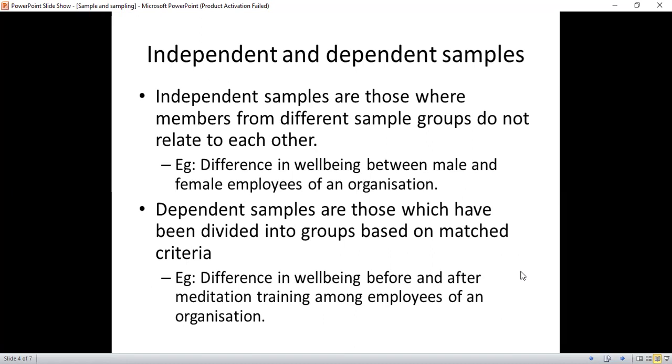For example, the difference in well-being between group 1 and group 2, where one group has been exposed to meditation and another has been exposed to aerobics. These two groups will be exposed to two different types of activities which are known to increase well-being. One group will be exposed to meditation, another group to aerobic exercises.